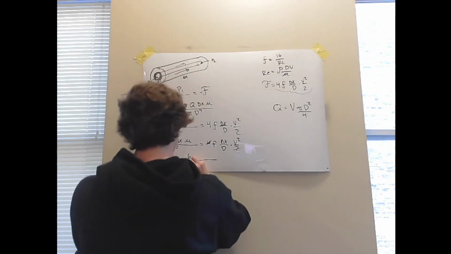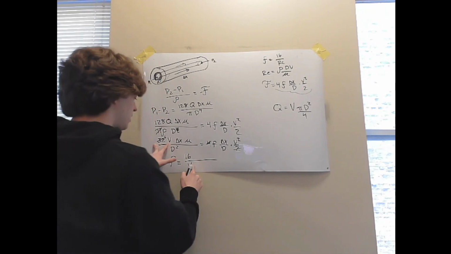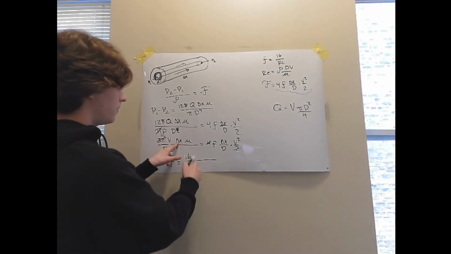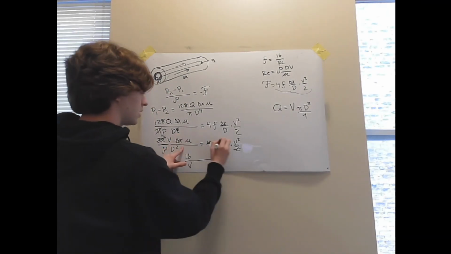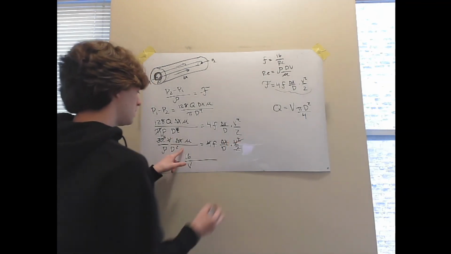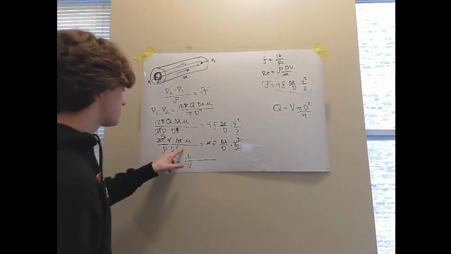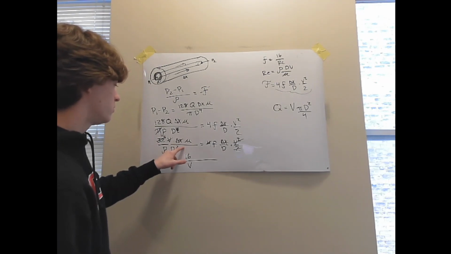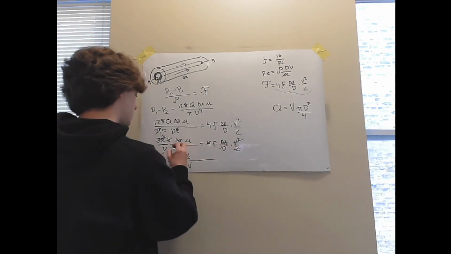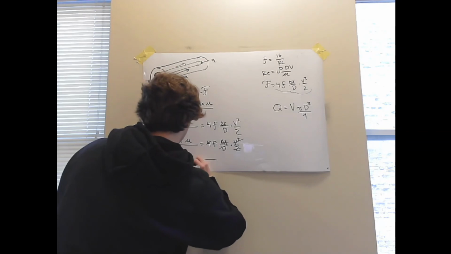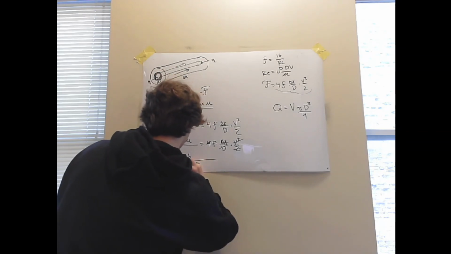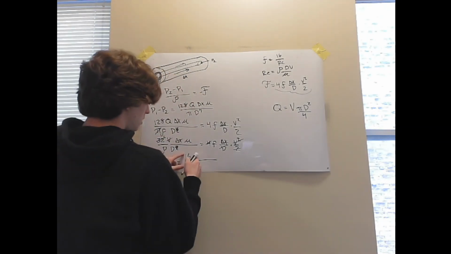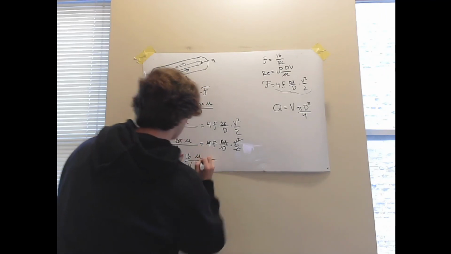So in the denominator, we're just going to have V to the first power. The delta X's are going to cancel out. Then we're going to multiply by D, so this is going to cancel with this to just be D, and we'll have rho that carries over times viscosity.